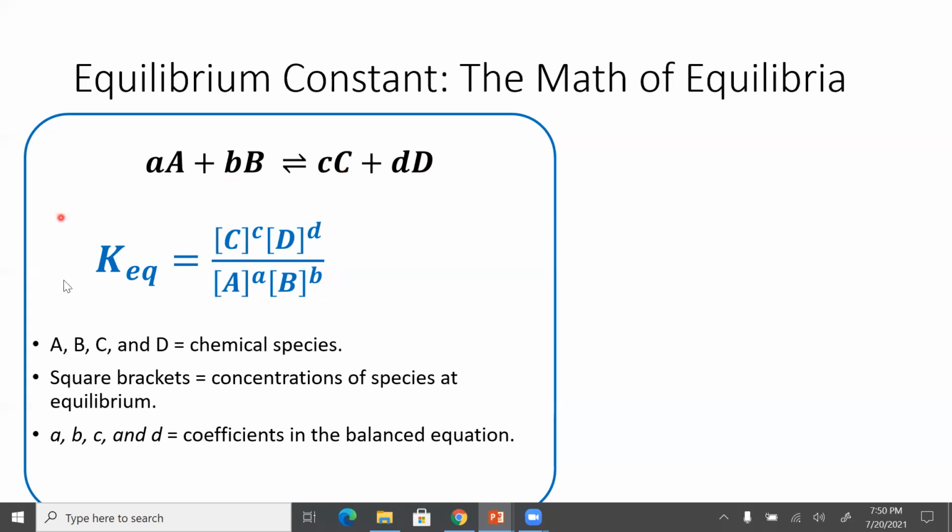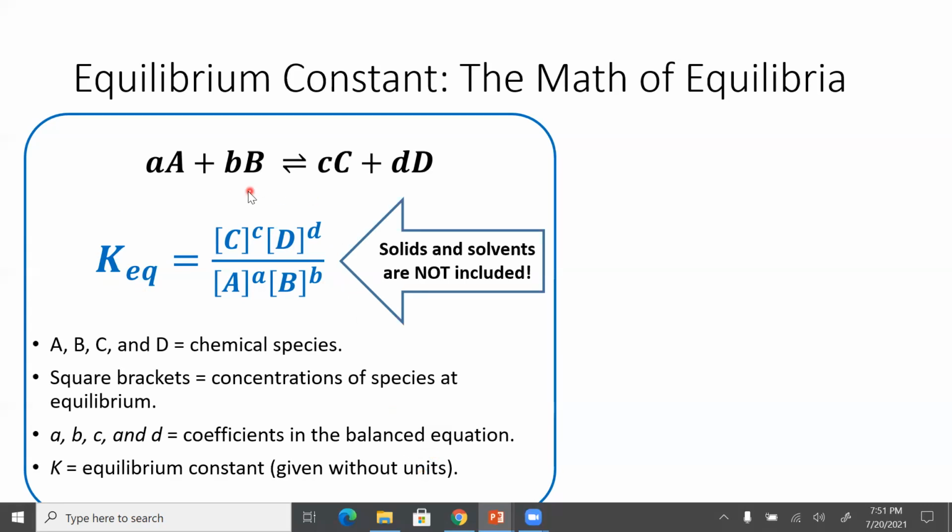So when we write an equilibrium expression, it's the concentration of the products over the concentration of the reactants, each raised to the power of its coefficient in the balanced equation. And that's called an equilibrium expression. K is a constant, and it doesn't have any units to go along with it.